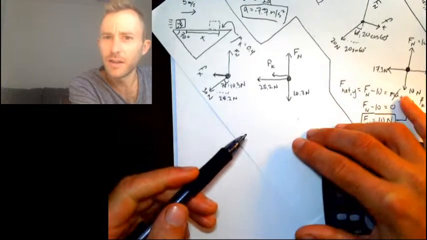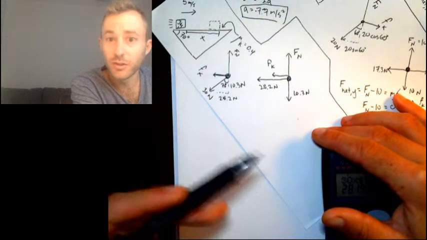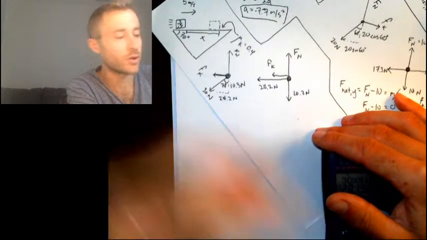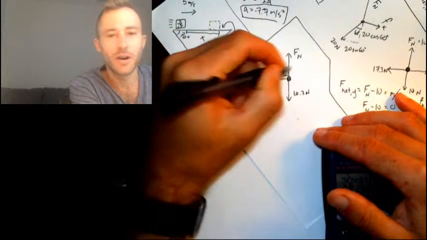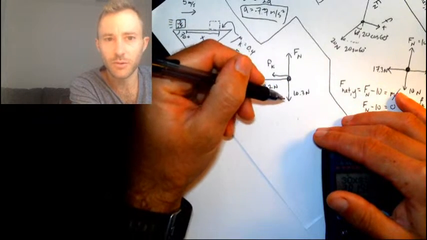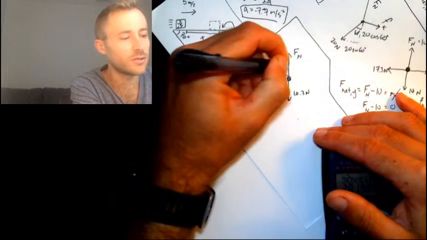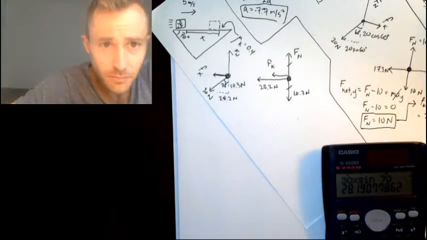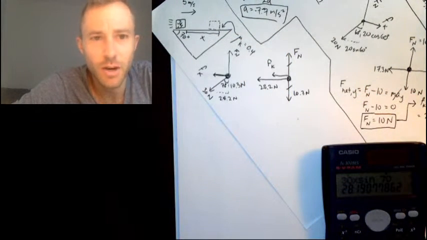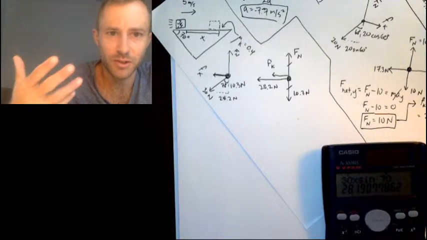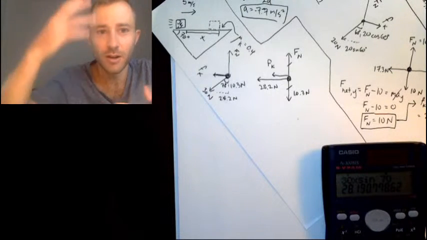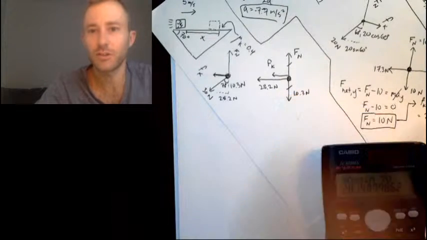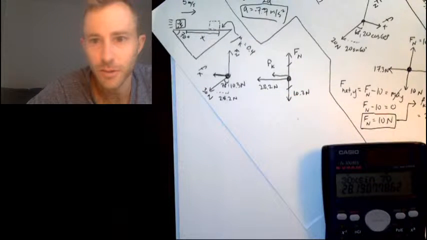Now because the block is not accelerating vertically off the incline, the up forces have to equal the down forces. So that means that these two are the same. I'm doing Newton's second law in the y direction, but I'm kind of skipping a step because I know that the up forces are going to be equal to the down forces in order to make the acceleration in the y direction 0.